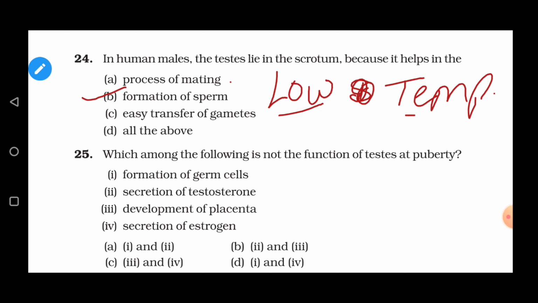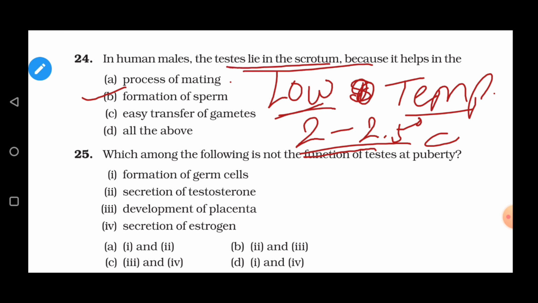This process requires 2 to 2.5 डिग्री सेल्सियस लोअर टेम्परेचर than the body temperature. हमारे जो बॉडी का टेम्परेचर है उससे 2 से 2.5 डिग्री सेल्सियस का लोअर टेम्परेचर रिक्वायर्ड होता है स्पर्म प्रोडक्शन के लिए. That's why the testis lie in the scrotum outside the abdominal cavity. So correct answer is option B.